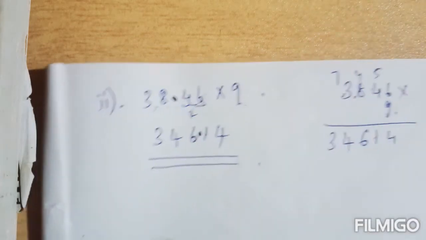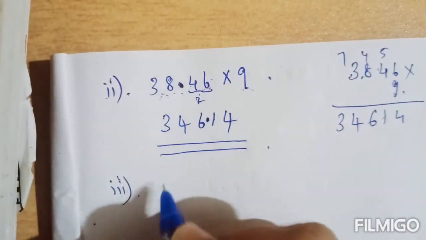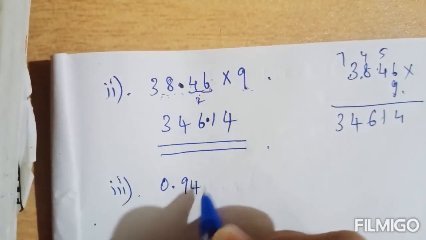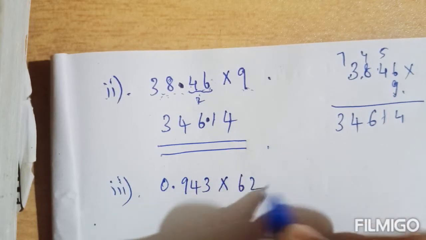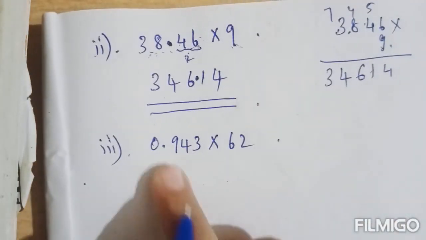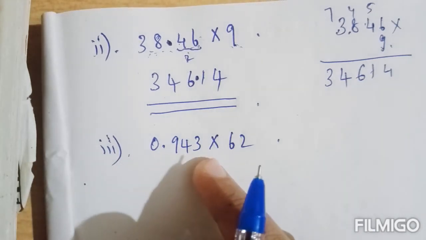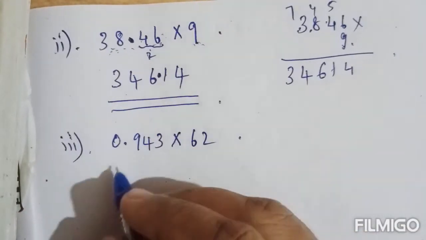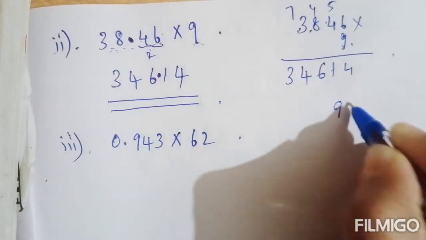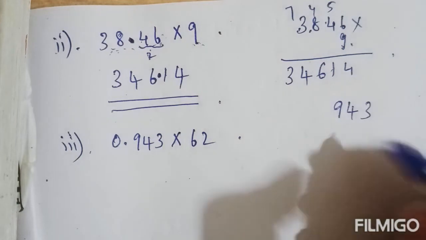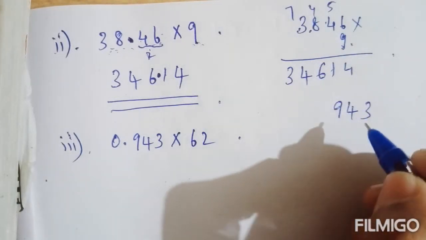Okay, now third one, 0.943 into 62. So first you can take the decimal fraction without the decimal point. 0.943 without the decimal point, it will be 0943. That means 943 it is. Okay, we will not write 0 before a number, that's why.